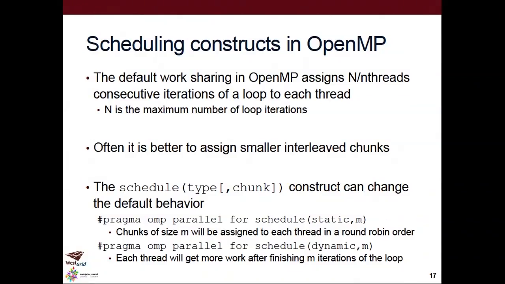So you may want to say my M or my chunk is 2,500 instead of 10,000. Then the first 2,500 will be assigned to thread number 1. The second 2,500 will be assigned to the second thread. And again, when it finishes the number of threads, it will go in a round robin fashion.